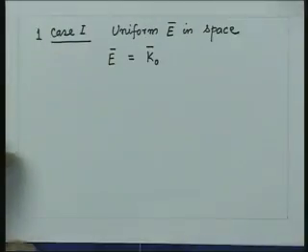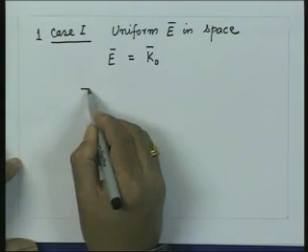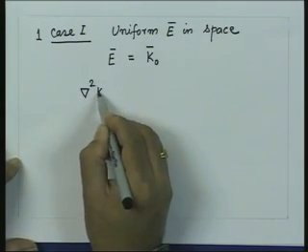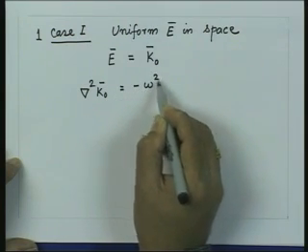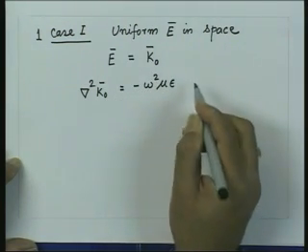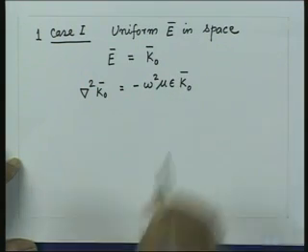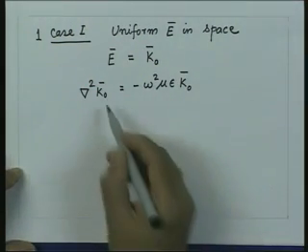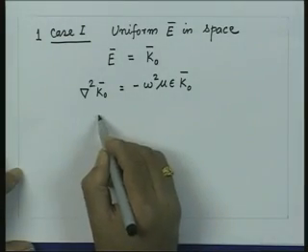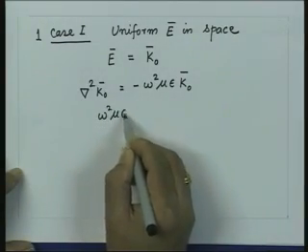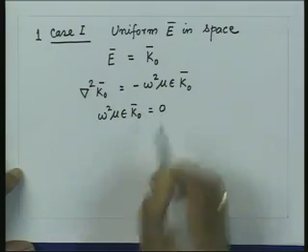So, essentially what we get is del square k naught, which is 0, equal to minus omega square mu epsilon into k naught. So, we have here omega square mu epsilon k naught equal to 0.